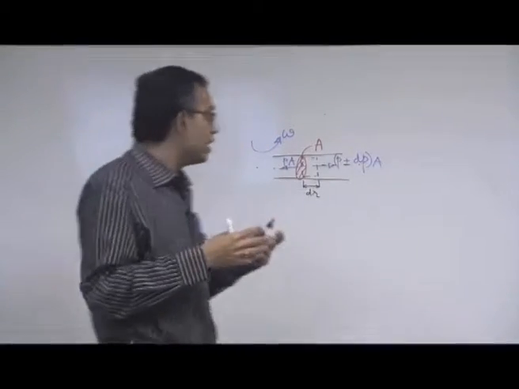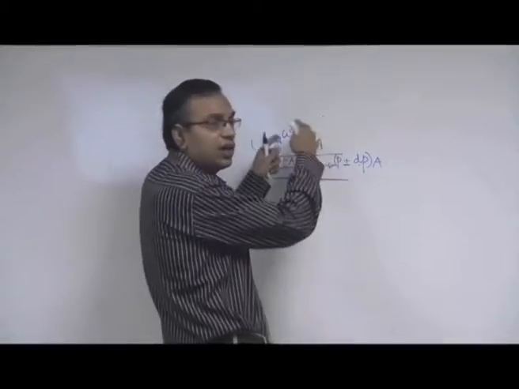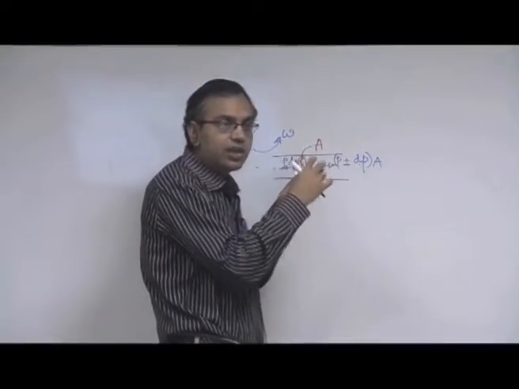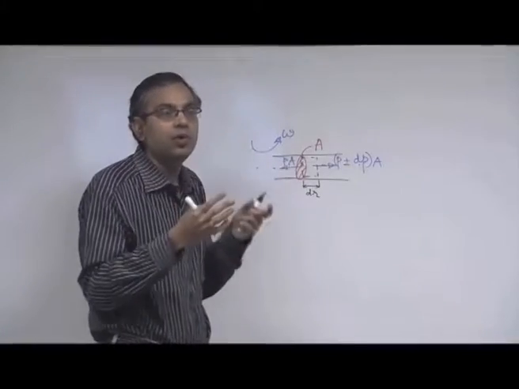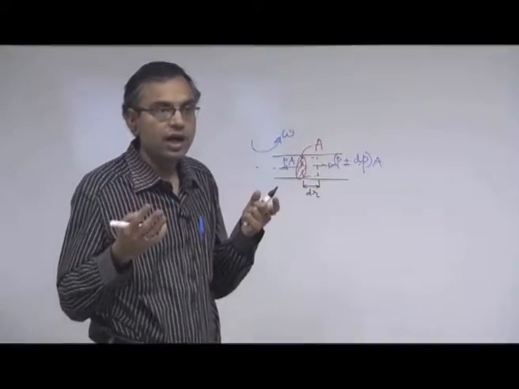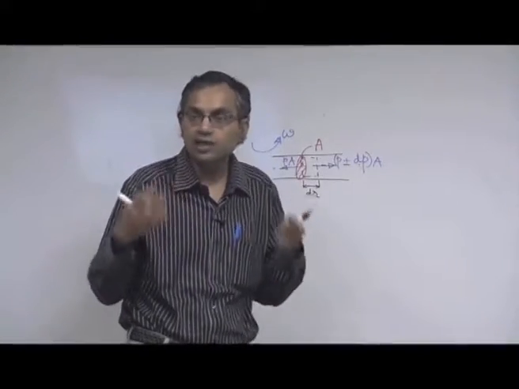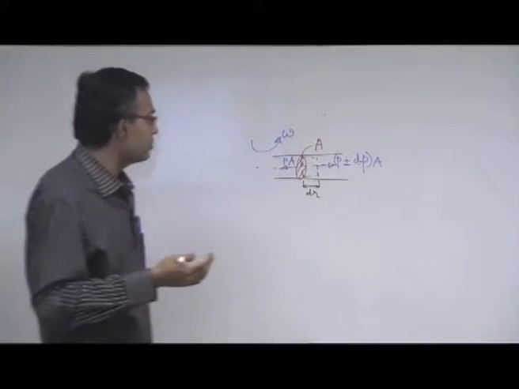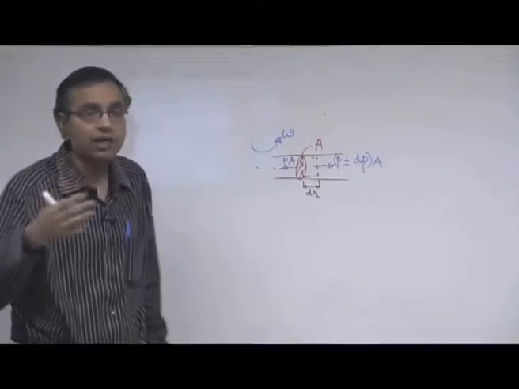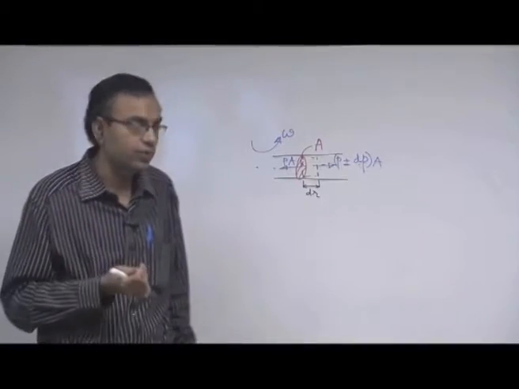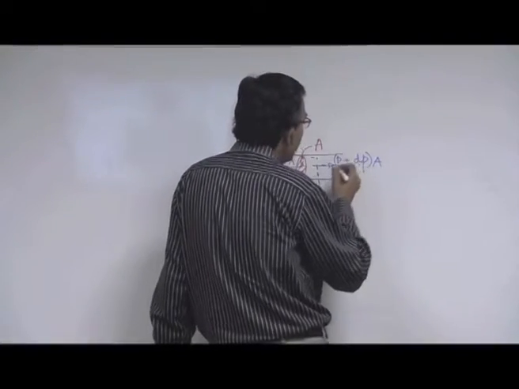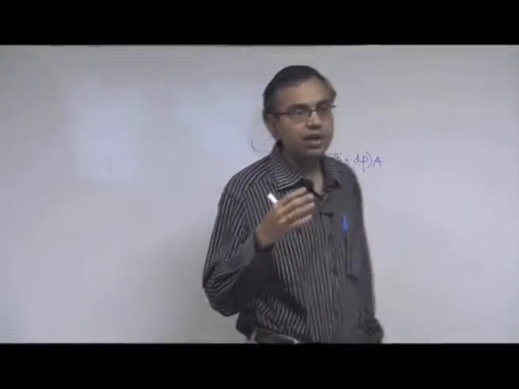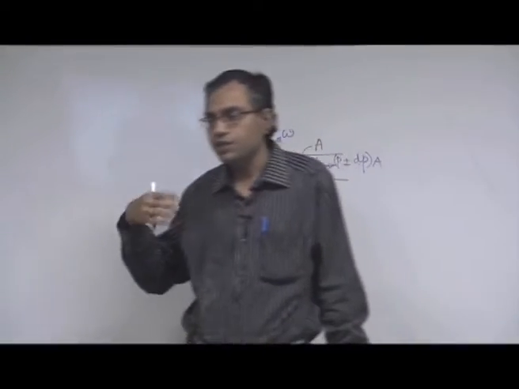However, if you are yourself sitting on the disc, which because of its rotation is a non-inertial reference frame, you will experience a force which is a pseudo force, and that pseudo force is called centrifugal force. So centrifugal force is one of the examples of such a pseudo force. What is the difference between these choices?